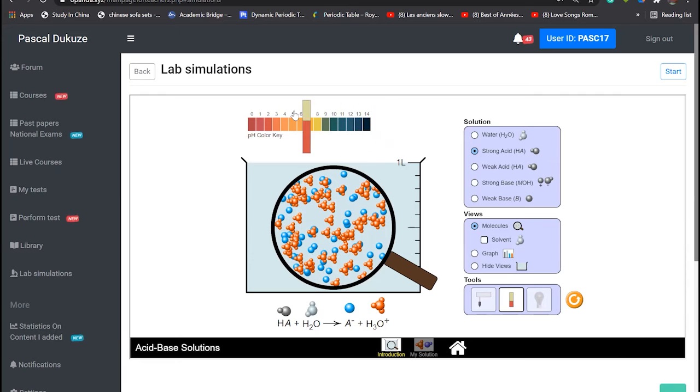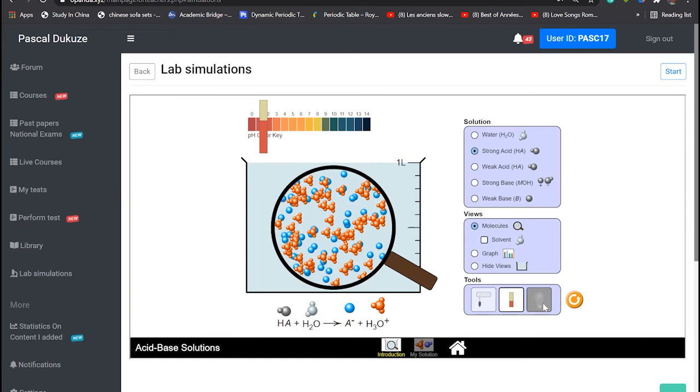So I slide like this. You can see where the colors are resembling. So the pH is almost 1 or 2. We have a pH of 2, showing that this solution is strongly acidic.